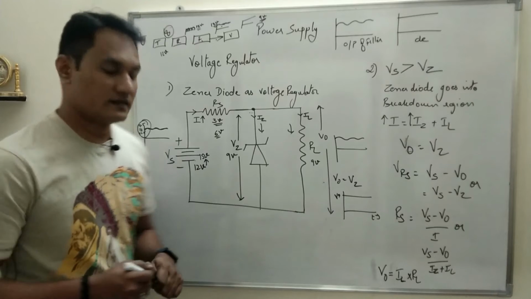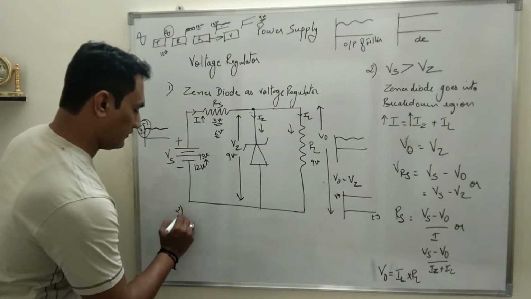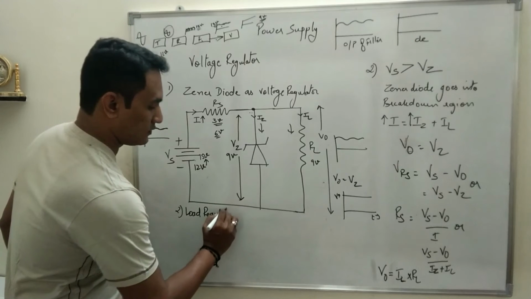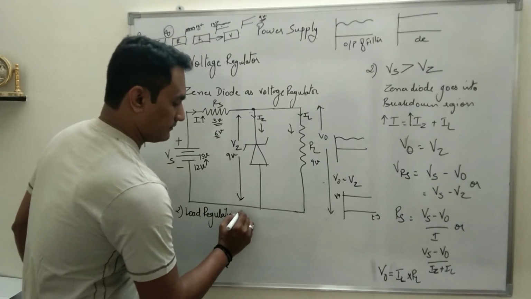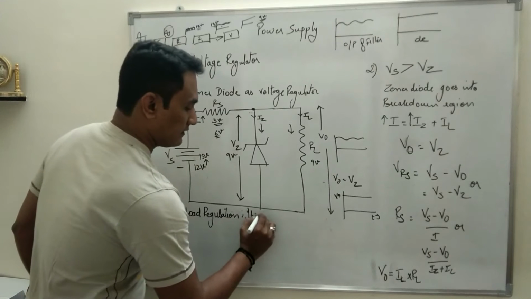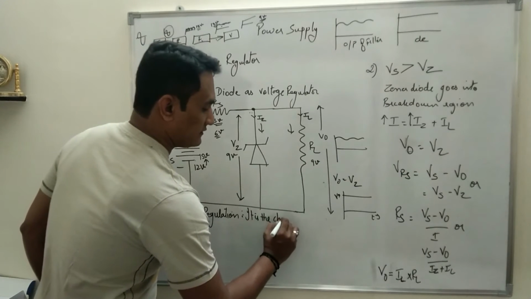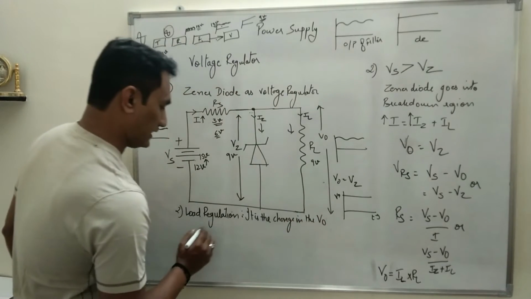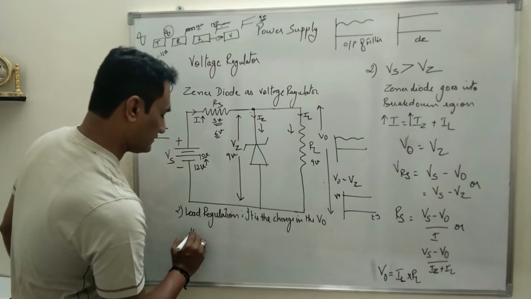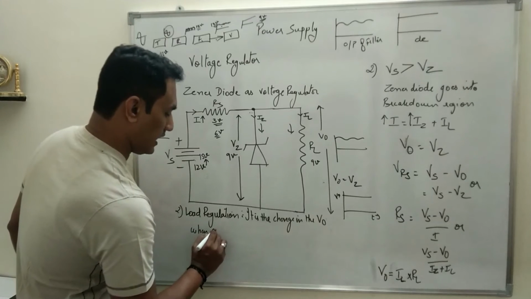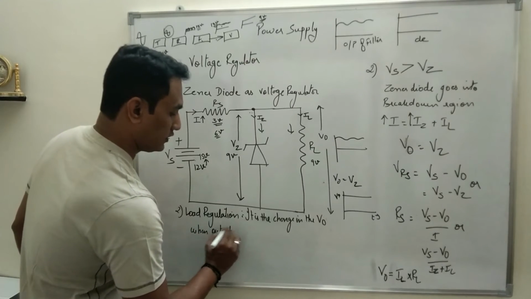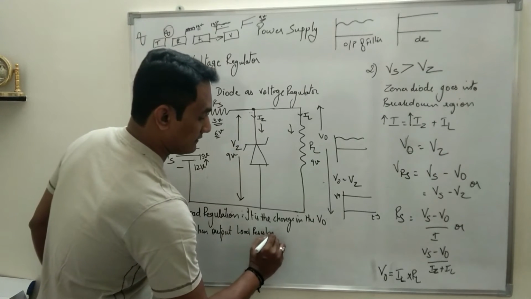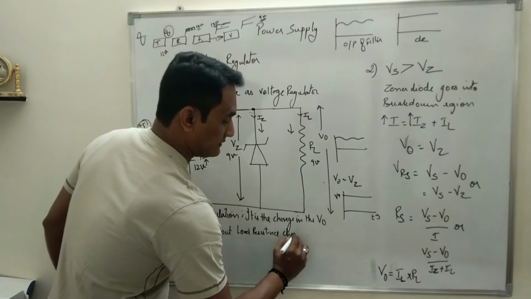The next term, the second one, is load regulation. Load regulation is the change in the output voltage when the output load resistance changes.